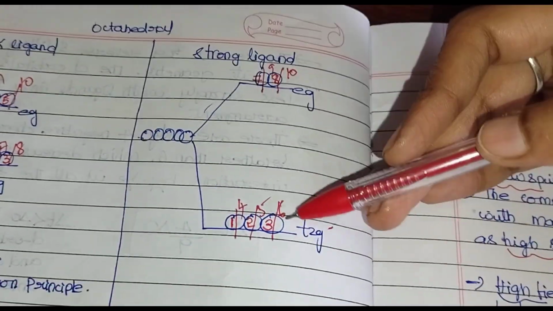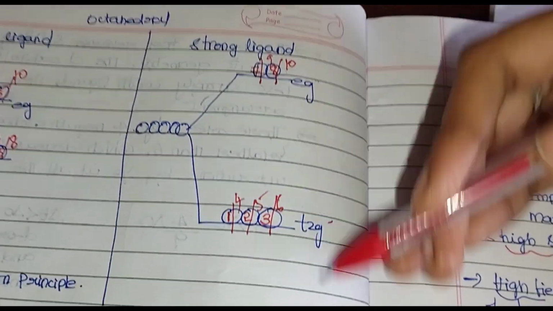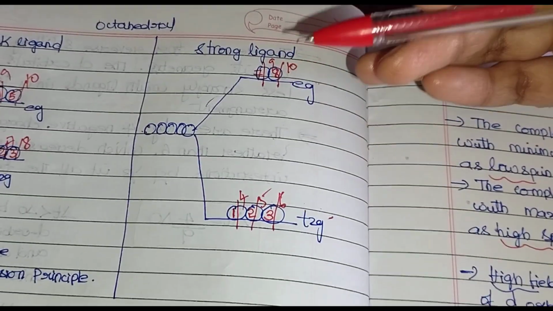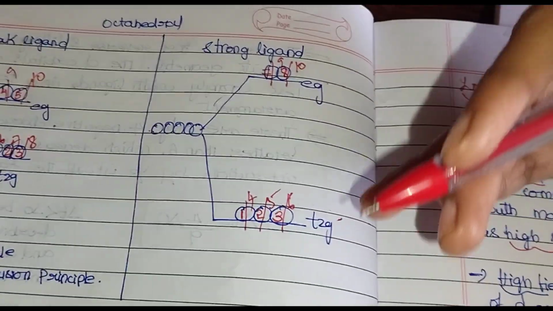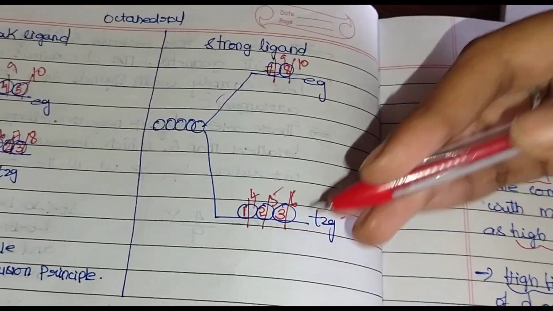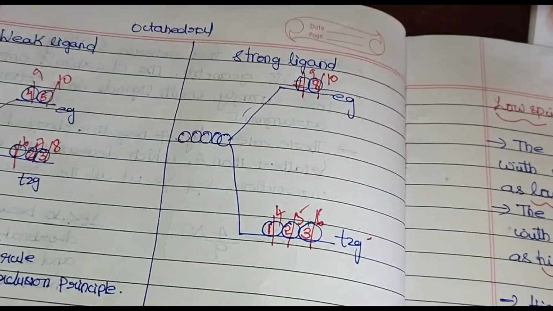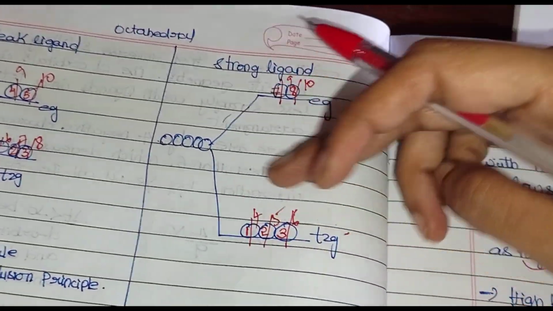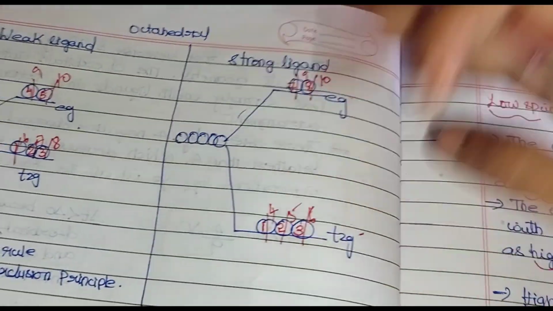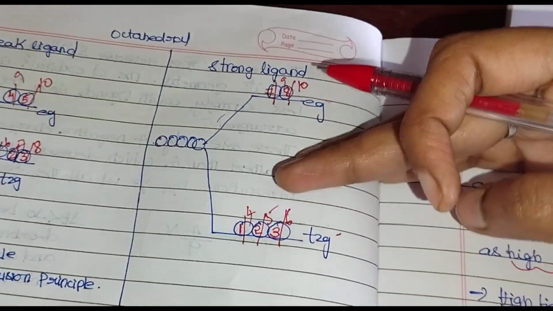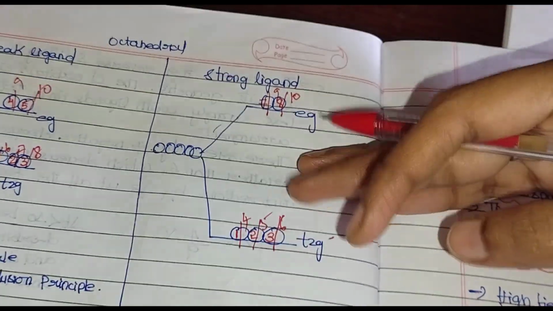So here the pairing is already done, after that the pairing started here. So those are called low spin, because what is low spin? No unpaired electrons or fewer unpaired electrons, it is all paired, yes? So that is called low spin complexes.